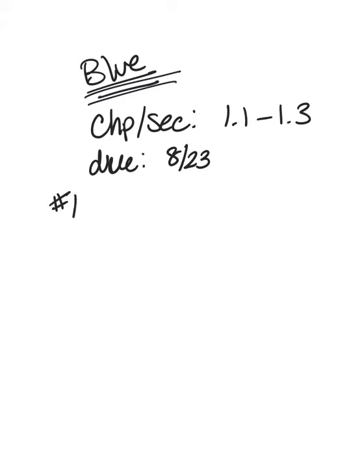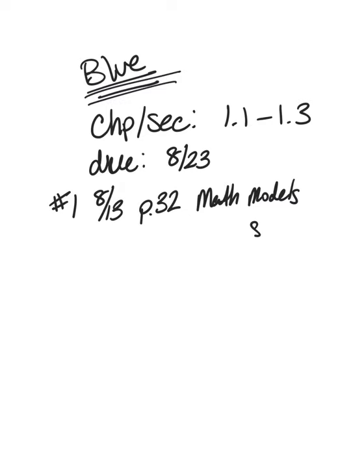Your first assignment, assignment number 1, is on page. Oh, first we do the date, sorry. Today's date. It should be the 13th. Page 32, the title is those math models. It's the investigation on page 32. And you're going to do steps 1 through 4.